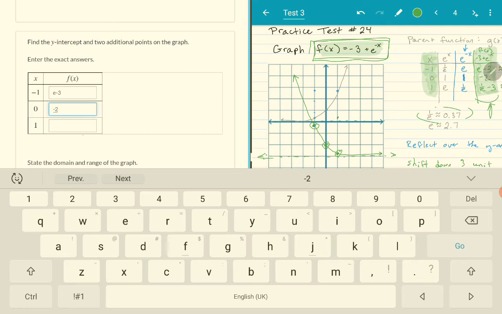And when x equals 1, I get 1 over e minus 3. Whoops, that's not a minus sign.